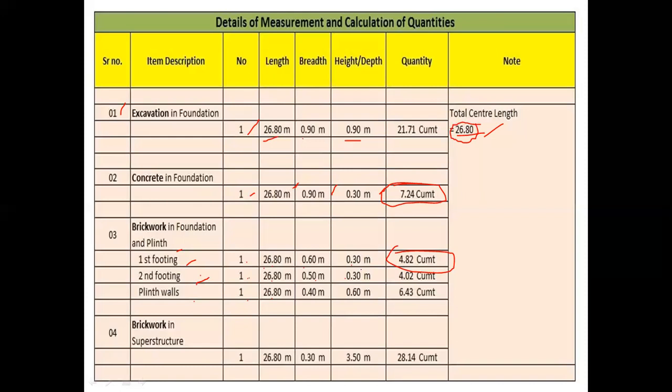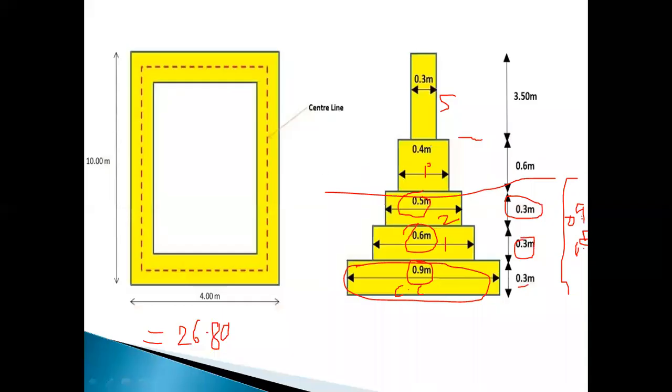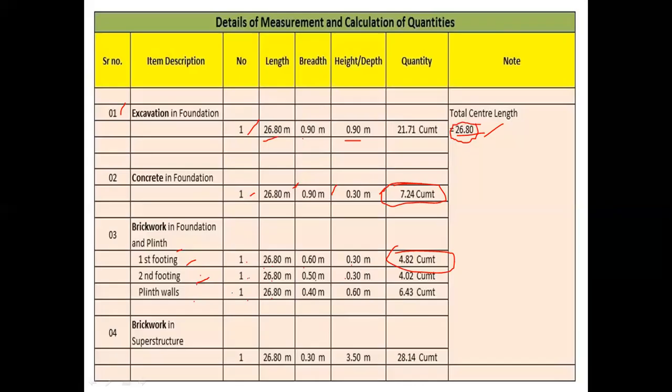And next we go to the plinth walls. Here the plinth wall breadth is 0.4 and height is 0.6 meters. See here, plinth wall number 1 and length is 26.80.